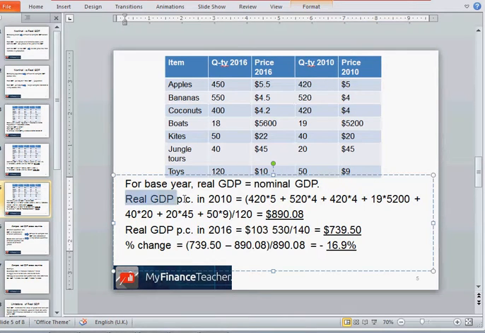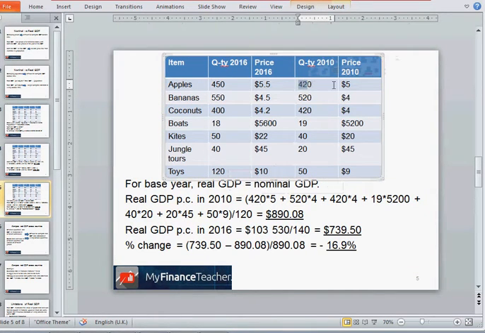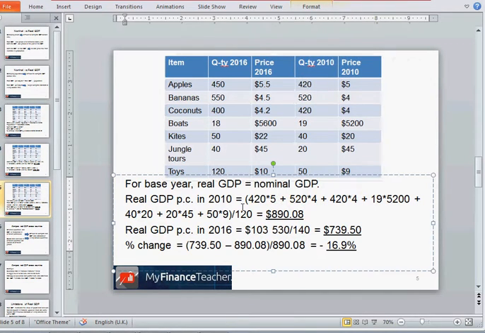So real GDP per capita in 2010 is basically its nominal GDP, which is the quantities of the products produced multiplied by their prices, all of that added up across all of the products and divided by the population in that year.